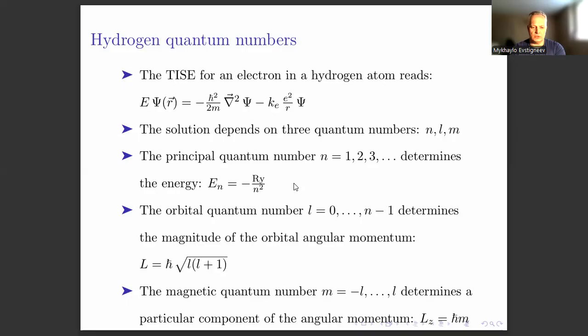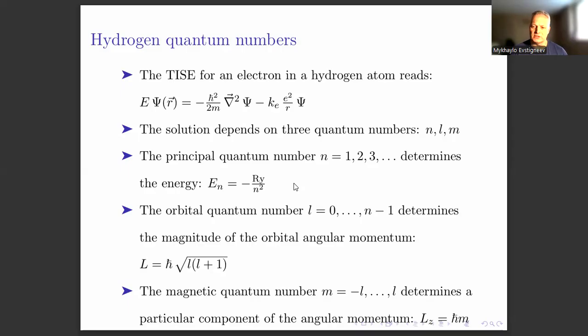Next, we have the orbital quantum number L. The orbital quantum number defines the magnitude of the orbital angular momentum of the electron as it orbits around the nucleus. Very, very loosely speaking, if the electron is rotating around the nucleus, then it has an orbital angular momentum.